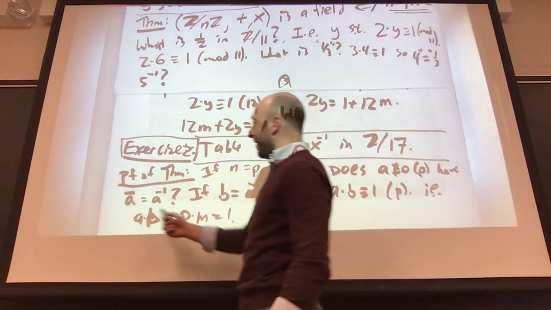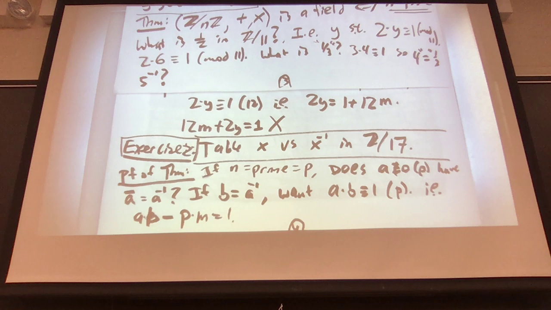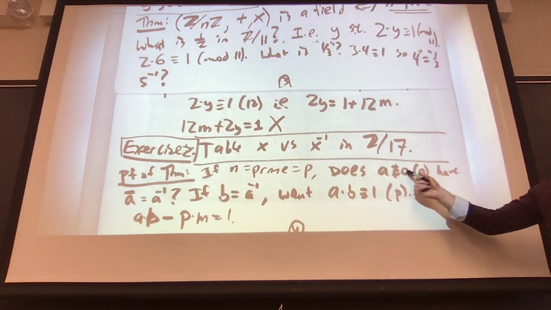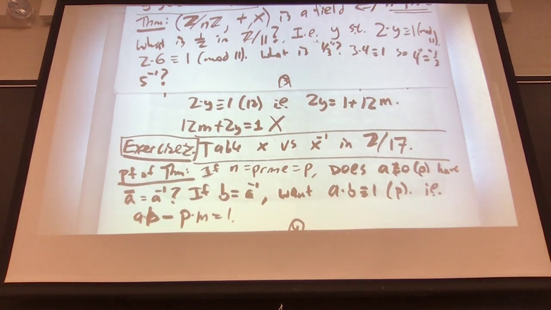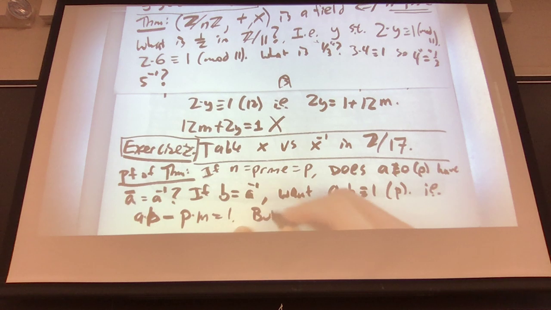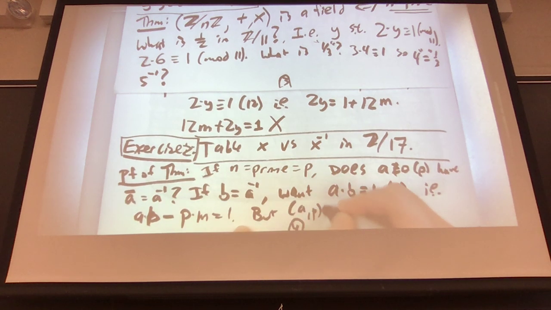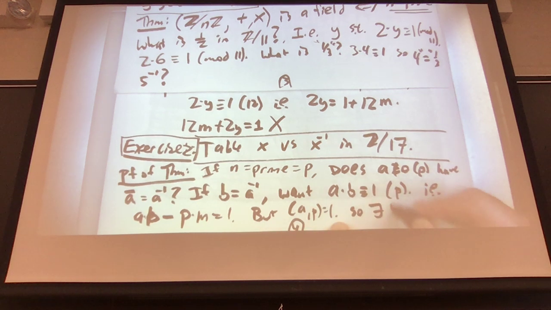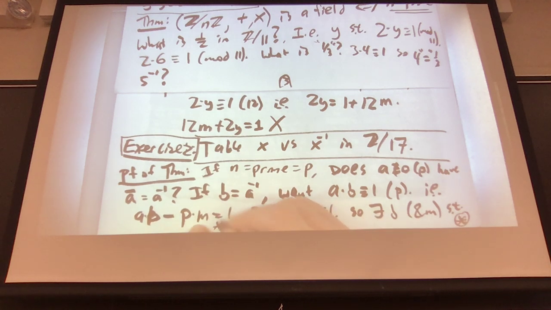But a and p are co-prime, because a doesn't have p as a factor. But a and p are co-prime, so this equation has solutions. So there exist b and m such that star holds. This is star.